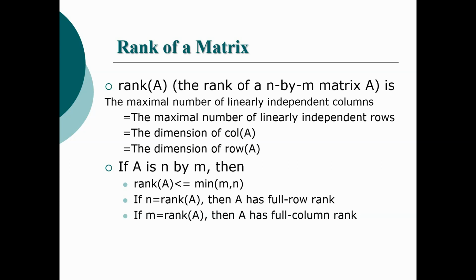So for a square matrix, if rank of A is equal to n, we call that matrix a full rank matrix. Now for an n by m matrix A, a matrix that has n rows and m columns, the rank of A is the maximum number of linearly independent rows or the maximum number of linearly independent columns.